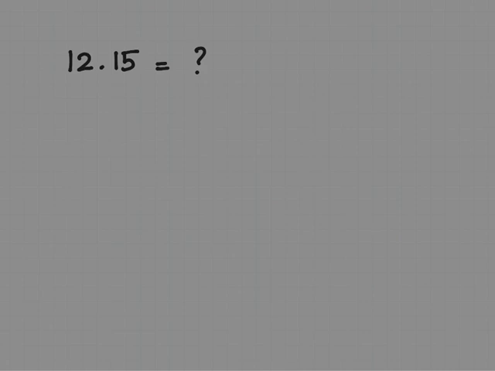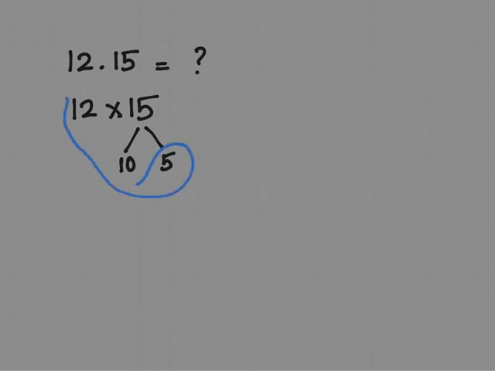The next question is 12 dot 15 equals what? 12 dot 15 can be written as 12 times 15. This 15 can be separated into parts. First let us multiply 12 times 10 and then let's multiply 12 times 5.